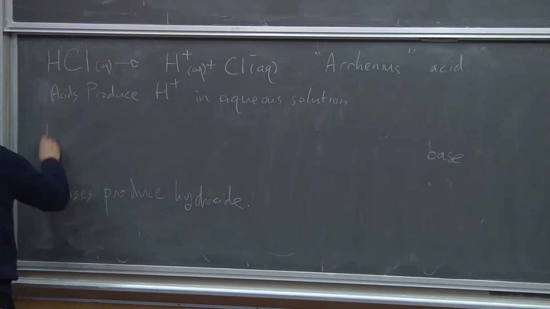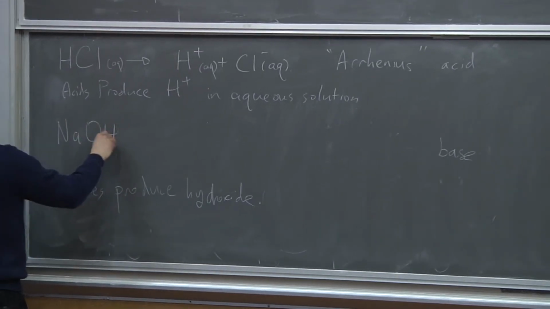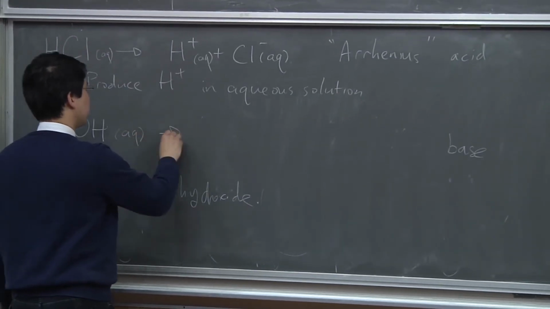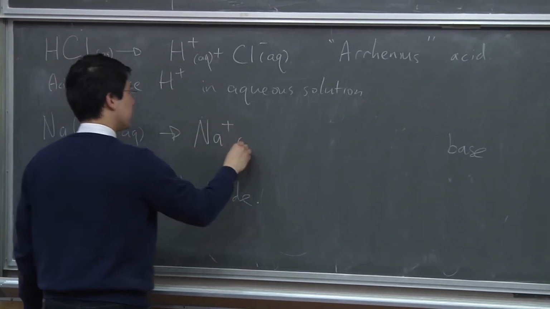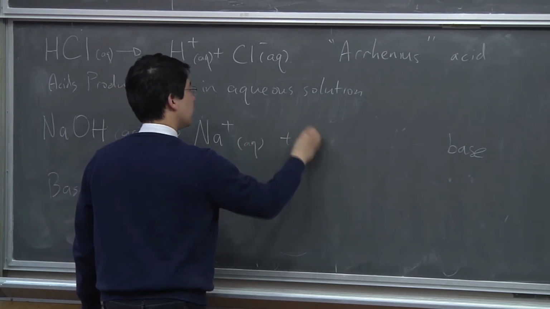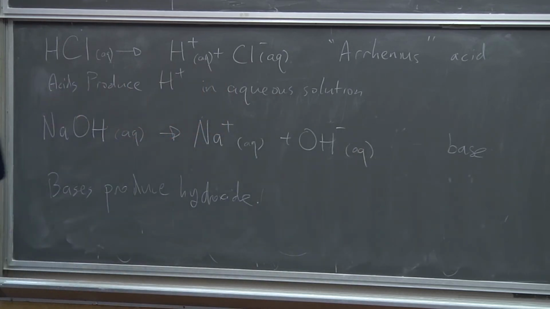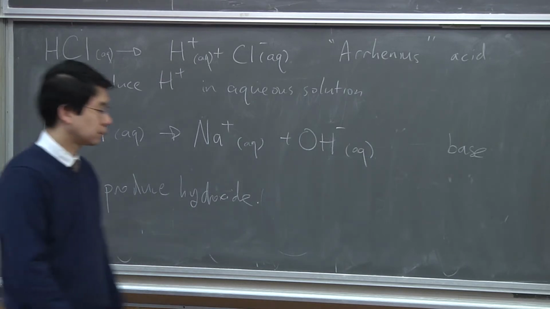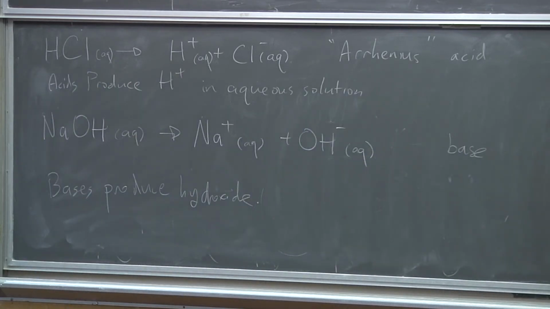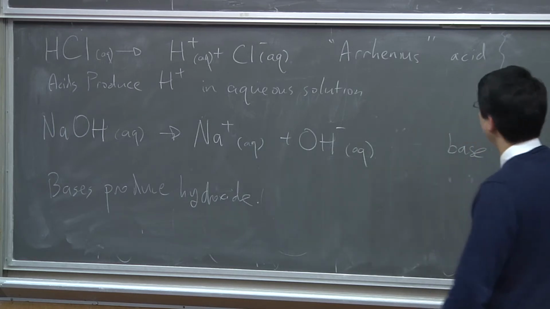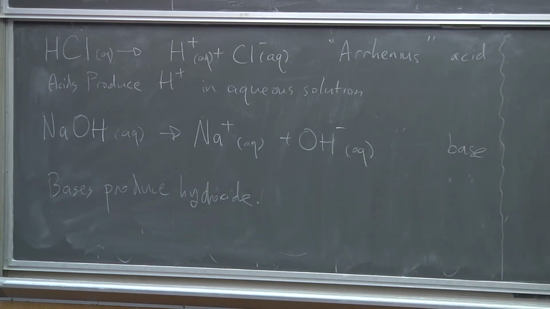So something like NaOH, which we saw above, dissociates to produce Na+ and OH-.